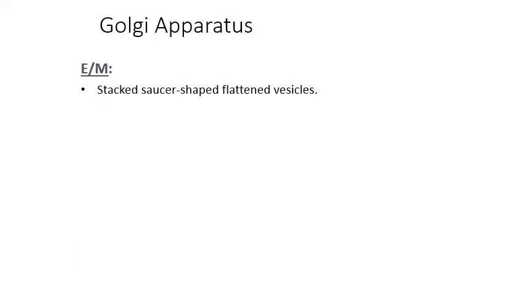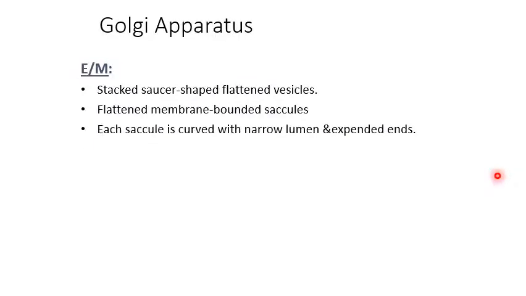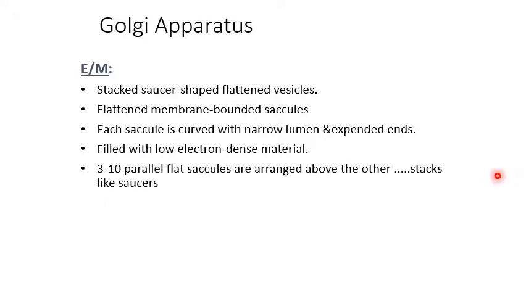The EM picture of the Golgi apparatus shows a stacked group of saucer-shaped flattened vesicles. They are flattened and membrane bound. They have a narrow lumen and expanded ends, and contain low electron dense material. They are 3 to 10 parallel saccules arranged one above the other, forming a stack.